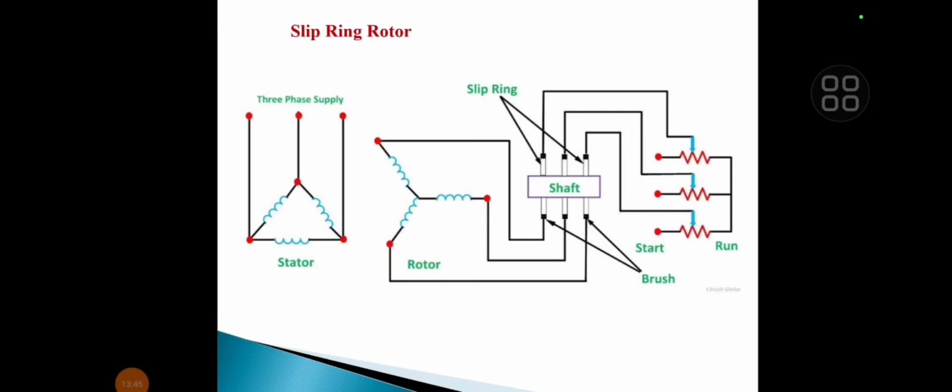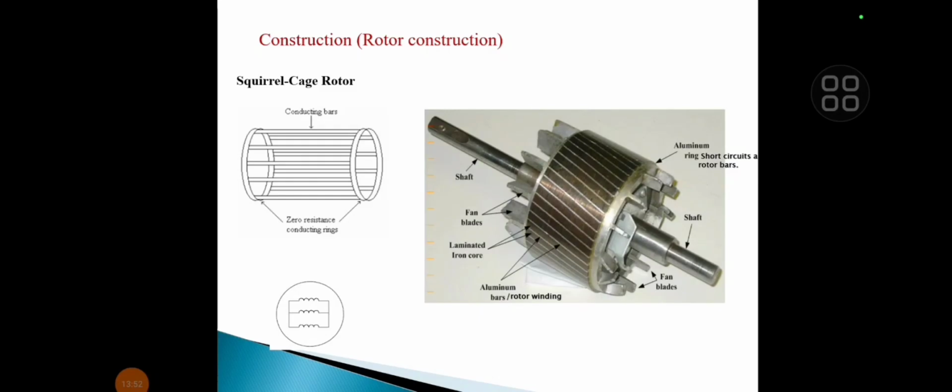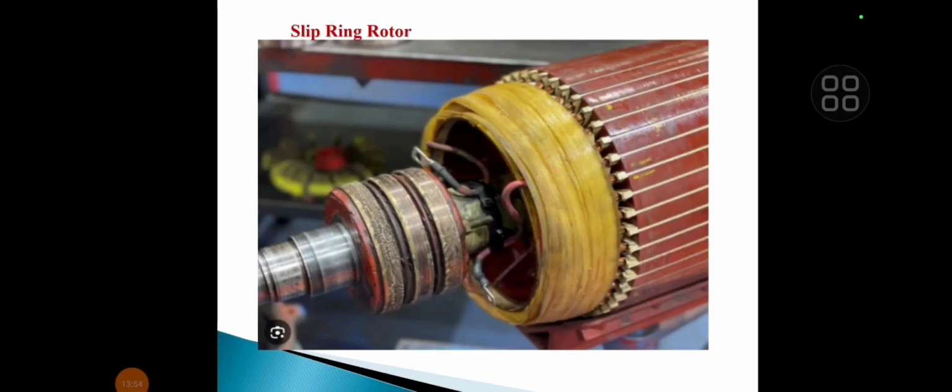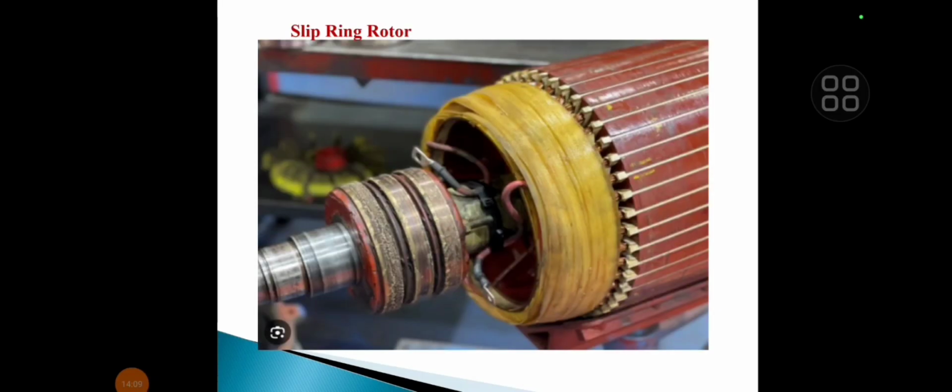These two rotors, the squirrel cage rotor and the slip ring rotor, are mostly used in induction motors. 90 to 95% of induction motors have the squirrel cage rotor, because the advantage of the squirrel cage rotor is that it is robust in construction, as there is no slip ring like in the slip ring rotor.